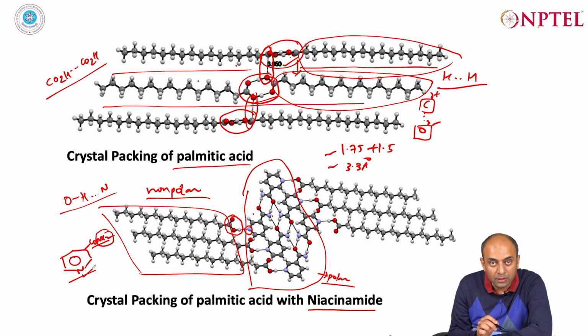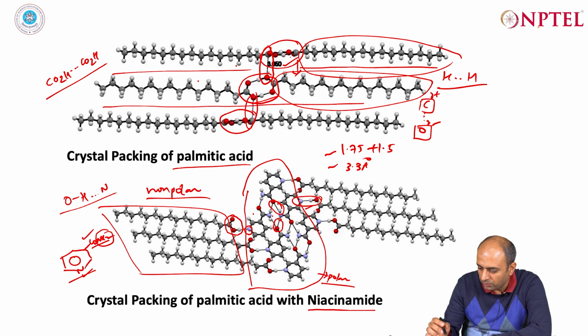There is nitrogen which is a proton acceptor, there is also carbonyl which is a proton acceptor, and you can see a maximization of all these hydrogen bonds in the crystal structure of palmitic acid with niacinamide, where you can see these N-H...O hydrogen bonds, both the NH donors being utilized to form the N-H...O hydrogen bonds and to form this polar arrangement, and then this arrangement of niacinamide molecules is connected with the carboxylic acid via the O-H...N hydrogen bond.